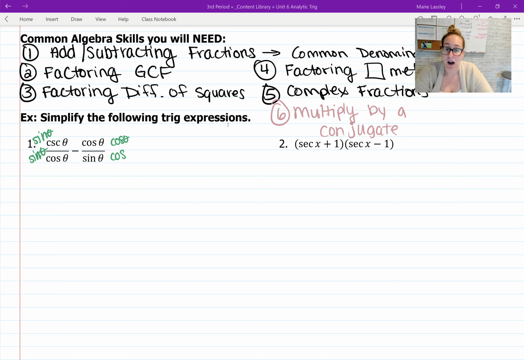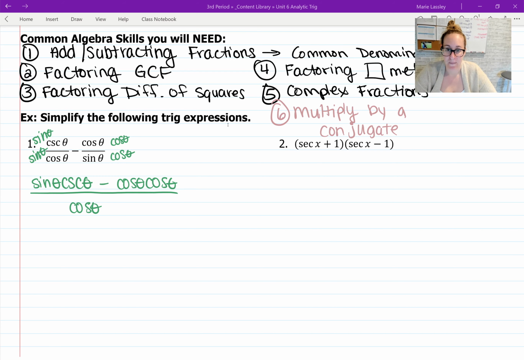So I have sine theta times cosecant theta minus cosine theta times cosine theta, all over cosine theta sine theta.